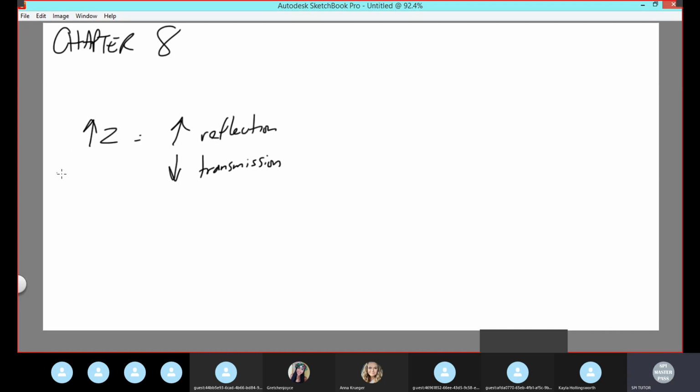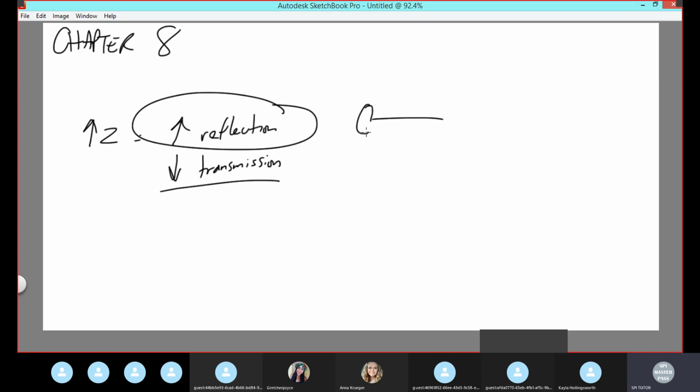So with high impedance comes high reflection and low transmission, which means that a lot of it gets sent back, not a lot of it goes through. And in ultrasound, as I've been saying, everything is about going through, reflecting, going through, reflecting. If something doesn't go through, it doesn't see what's on the other side.